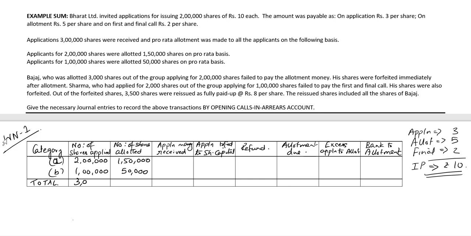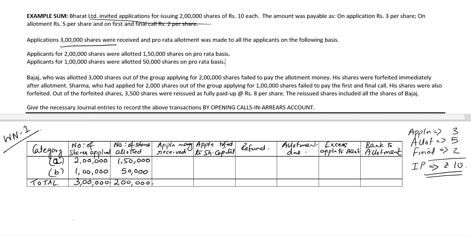Number of shares applied, total is 3 lakh shares. It tallies with the question which says applications for 3 lakh shares were received, and the number of shares allotted, total 2 lakh shares, and it tallies with the question again, where Bharat Limited invited applications for issuing 2 lakh shares of rupees 10 each.